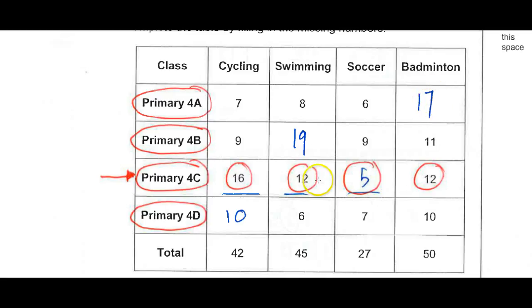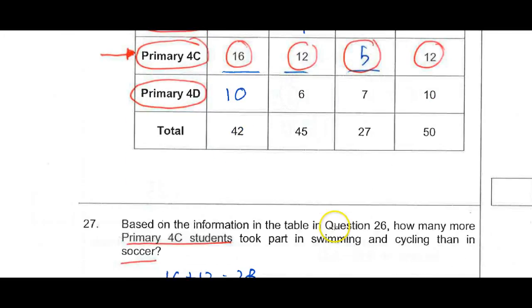Then do the same for this blank over here. 27 minus 7 minus 9 minus 6 gives you 5, and the rest the same. The same process.